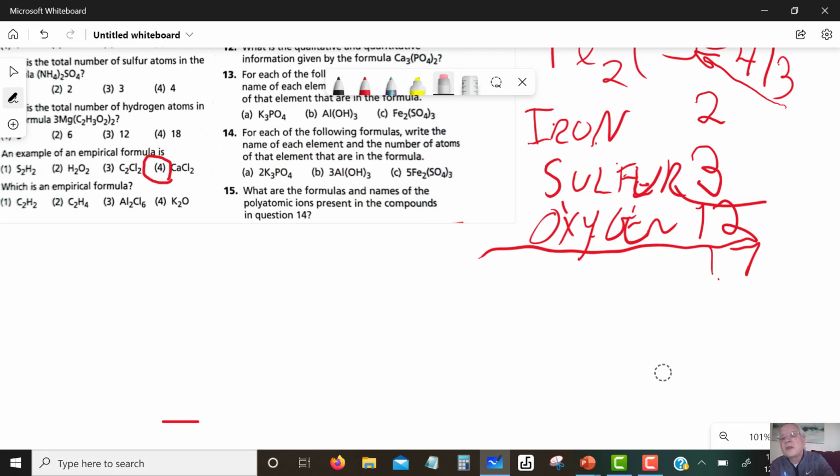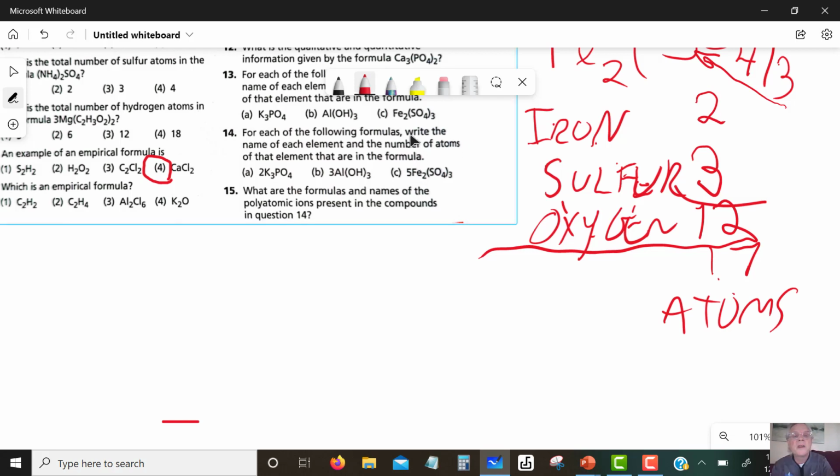So I have 17 atoms altogether in the compound. You haven't learned how to name it yet, but this is called iron 3 sulfite.